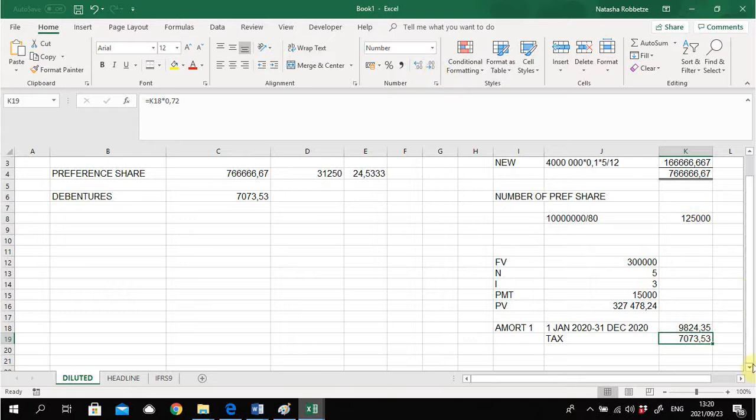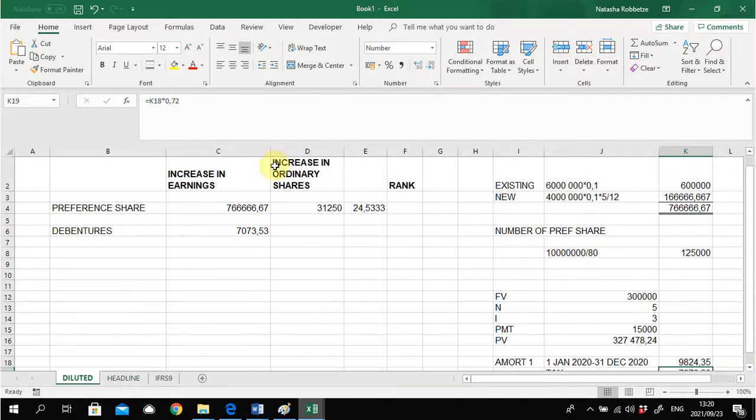We have to go back and look at the increase in ordinary shares. The question reads that the conversion rate is 1 ordinary share for every debenture. So if there were 3,000 debentures, then there would also be 3,000 ordinary shares.